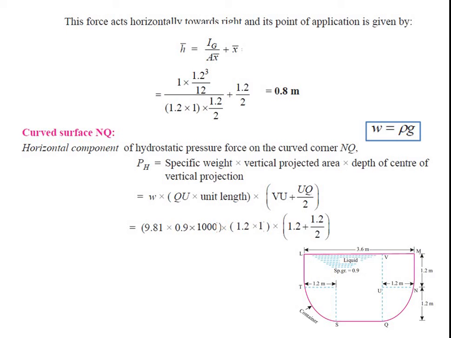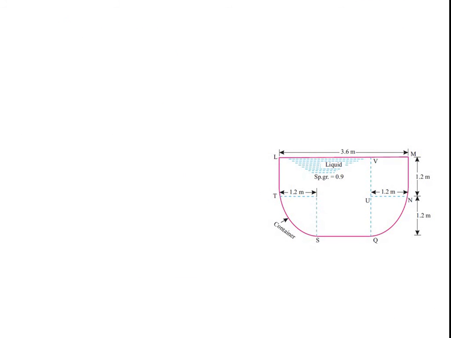W is 9.81 into 0.9 into 1000, times UQ 1.2, depth considered in unit 1, into VU which is 1.2 meter plus UQ by 2, which is 1.2 meter by 2. So PH can be given as 19.07 kilonewton.